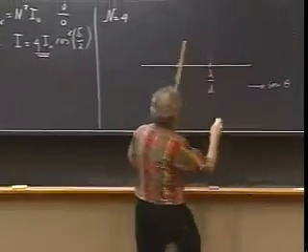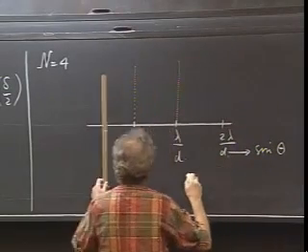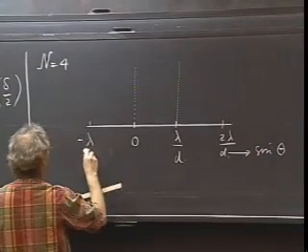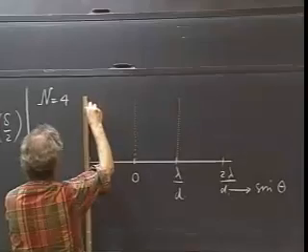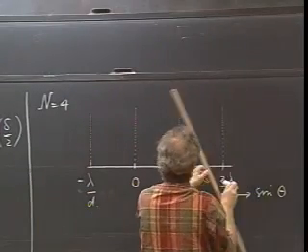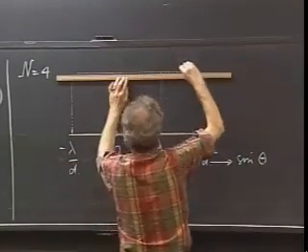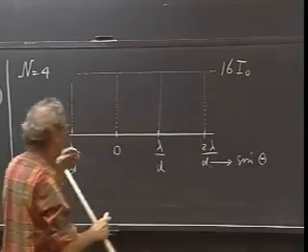If sine theta is 2 lambda divided by d, you get a maximum. And of course, on the other side, minus lambda over d, you also get a maximum. And according to the equation, if you really believe that equation verbatim, then all these peaks would have the same maximum, which would be 16 I0, because this is the n squared.